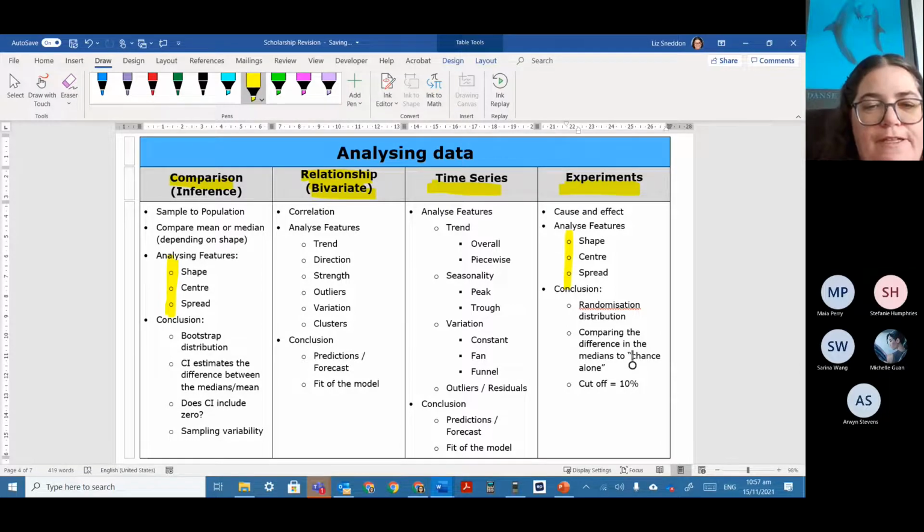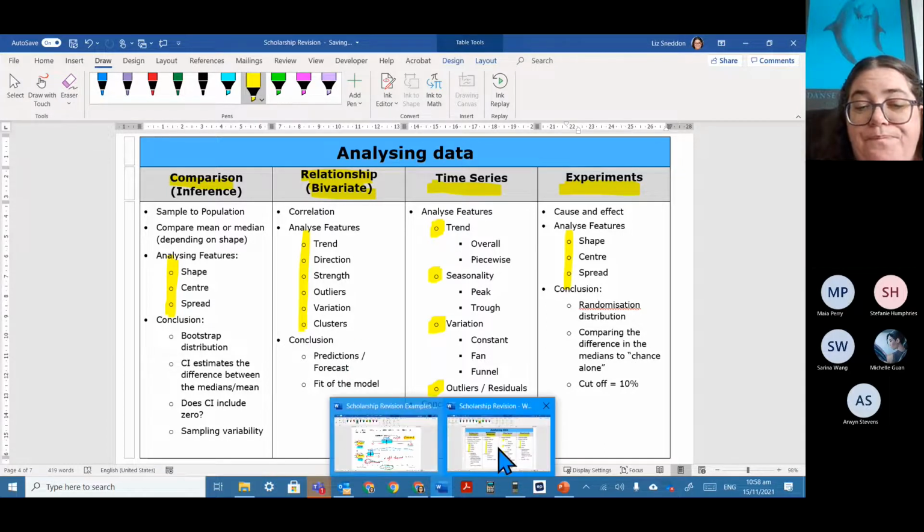Then with our bivariate, we want to talk about trend, direction, strength, outliers, variations, and I'm going to talk a little bit about clusters as well. With time series, we also have that same trend, and the same variation and outliers, but then we also have that seasonality. So let's have a look at a couple of examples of those and jog our memories about them.